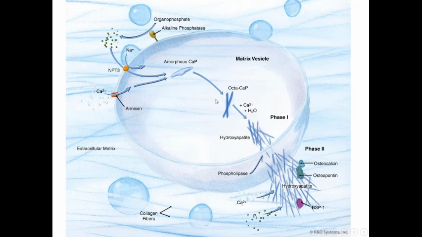With a high concentration of calcium and phosphate within this matrix vesicle, these ions start to produce hydroxyapatite crystals.